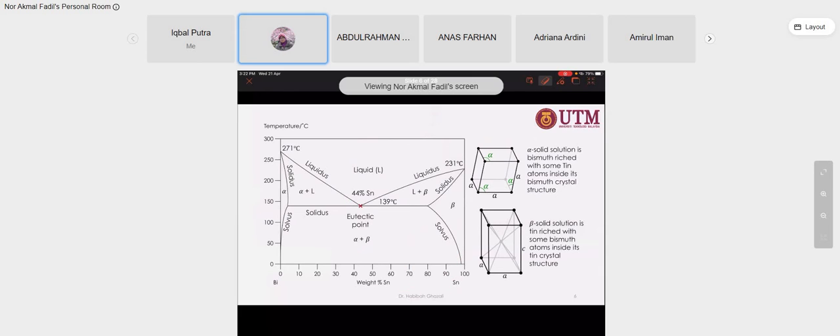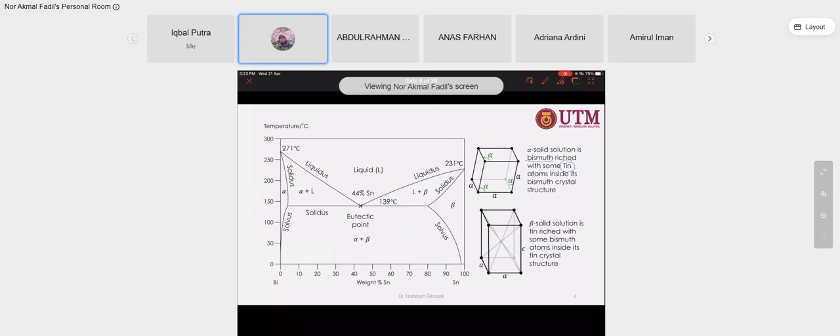Now, what is alpha? Alpha is defined as a solid solution, rich with bismuth, with some tin atoms inside it. The crystal structure of alpha is different from the beta.